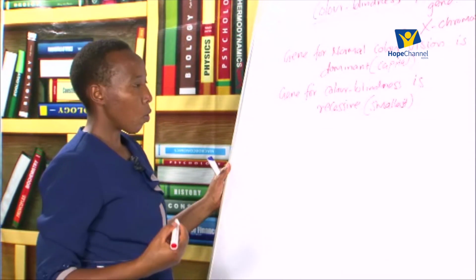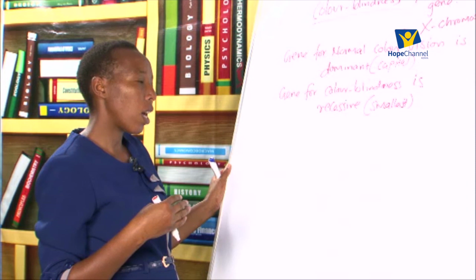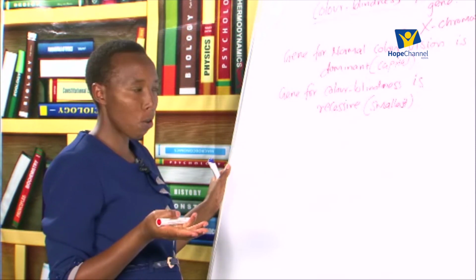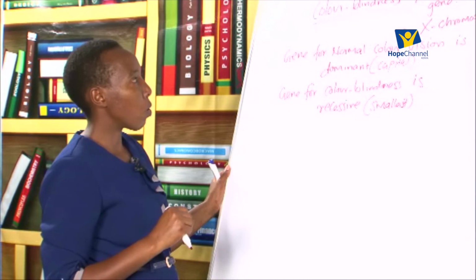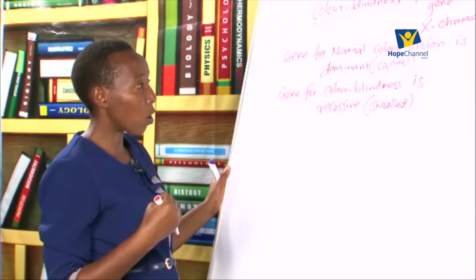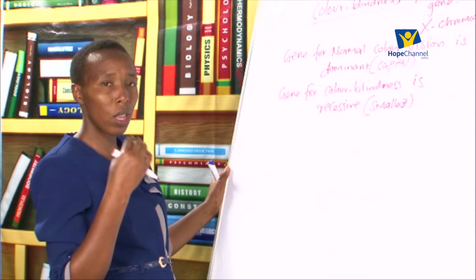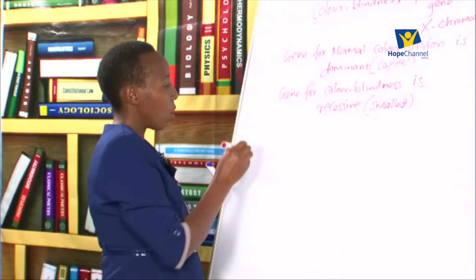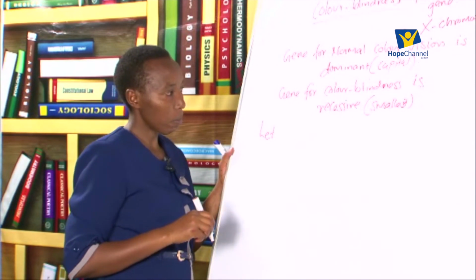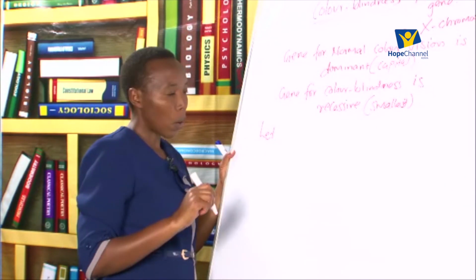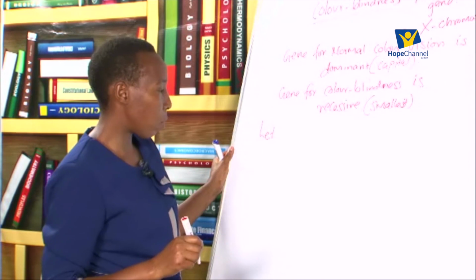Now we want to see the genotype for various people who either have a normal color vision or are colorblind. So you want to choose a letter. I don't know which letter you're going to choose at home. I give you 1 minute, you choose a letter that you're going to use.